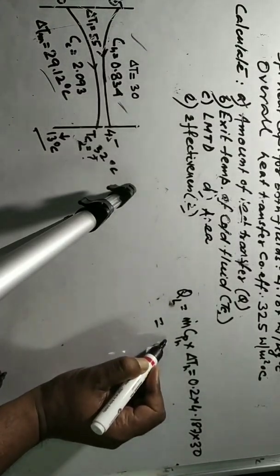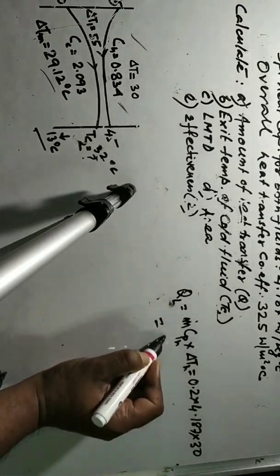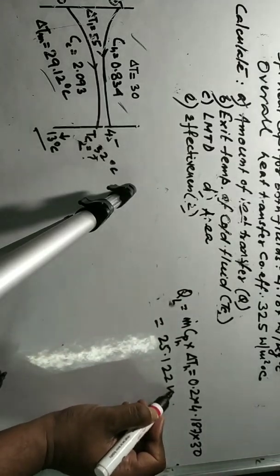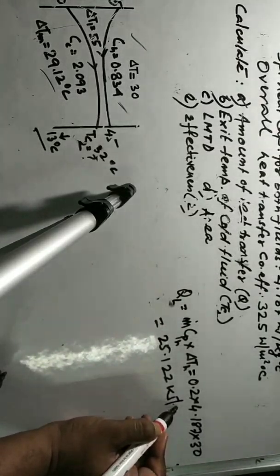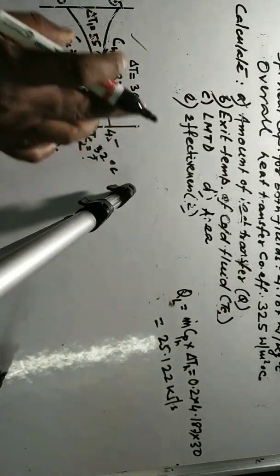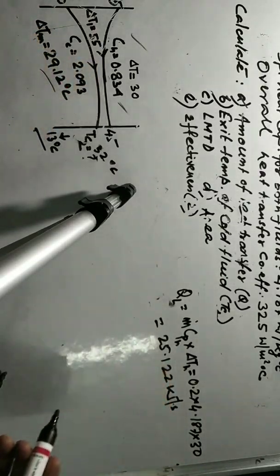So this will give you 25.122 kilojoule per second. So we have got how much heat is lost by hot fluid.